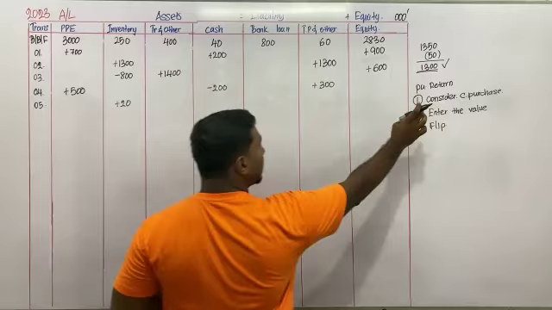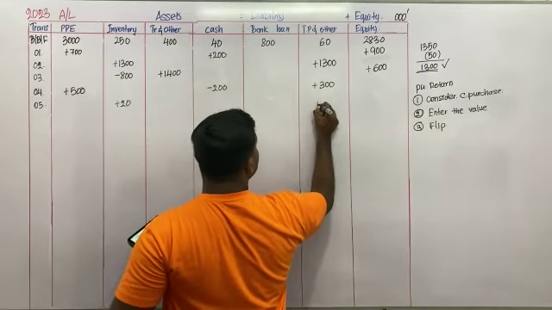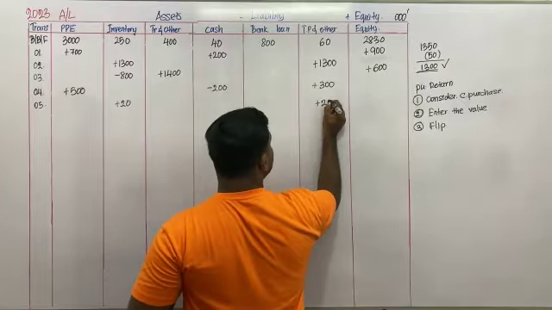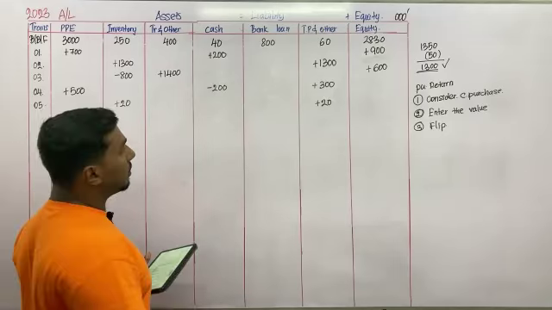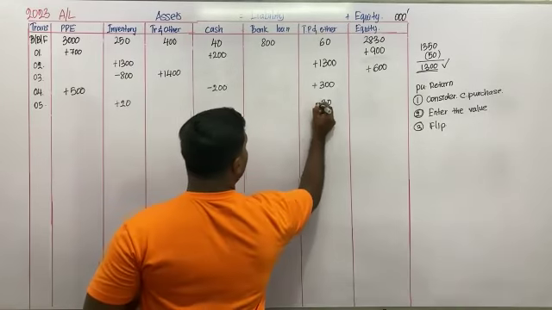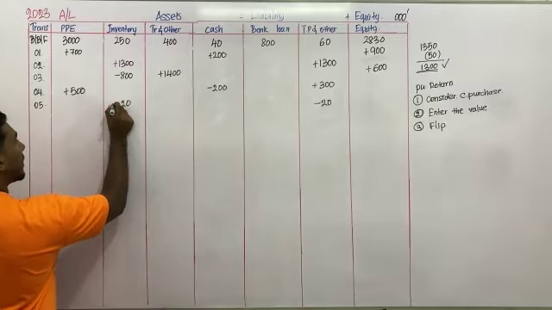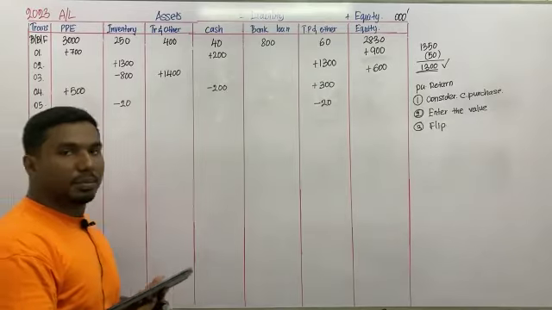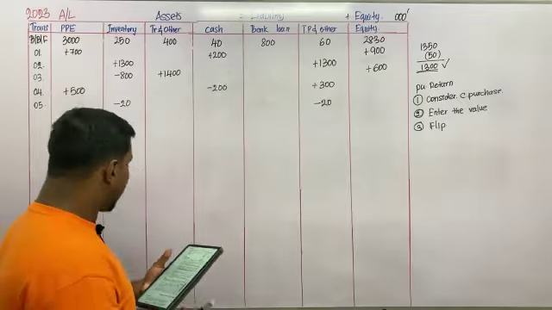I have considered it and I'm going to enter it as a credit purchase. Now I want to flip the values. The plus icons become minus, plus becomes minus. Very simple. Purchase return.